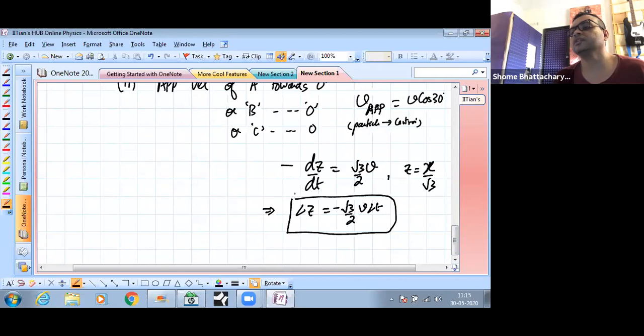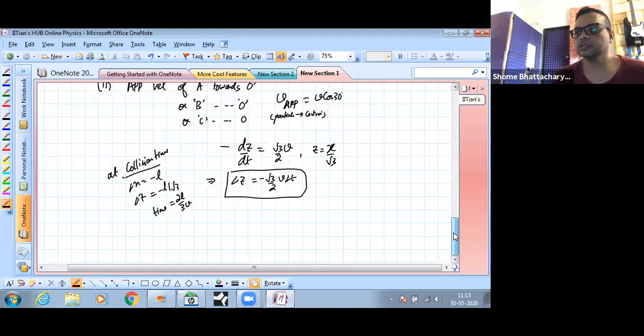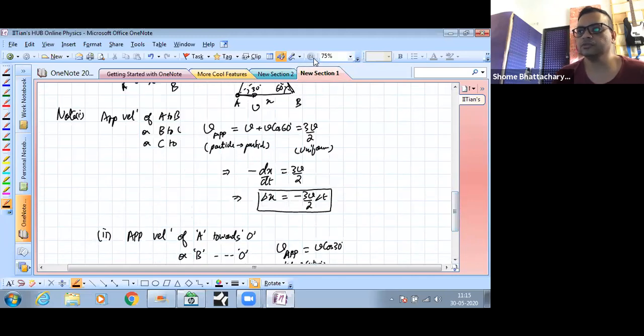So again, at collision time, your delta x is equal to minus L, or delta z is equal to minus L by root 3. So the time will become L by 3v. So this is something you are already aware of. I'm not getting too much into the explanation of this. Just leaving you with these two aspects of its motion.